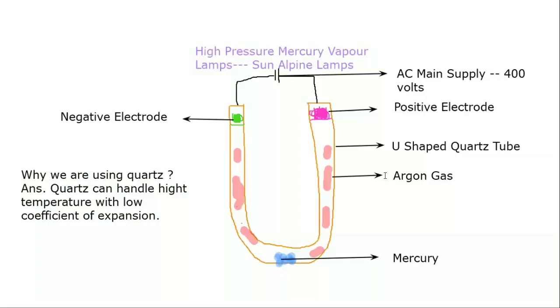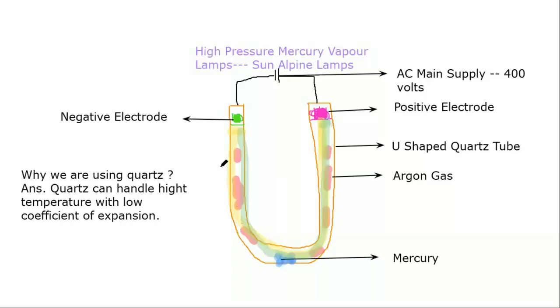Okay, so yellow color, when we give current, positive ions in yellow color will move towards your negative electrode, and electrons, which I will show in a light greenish color, will move towards the positive.